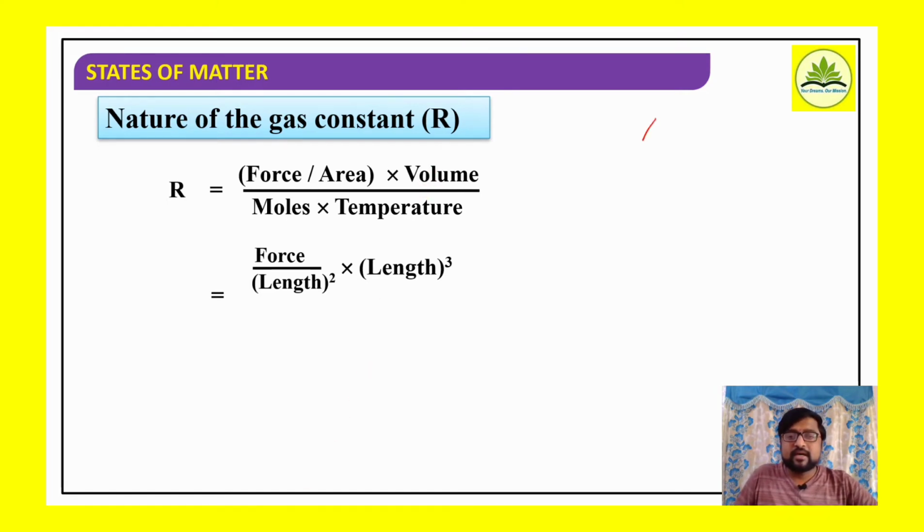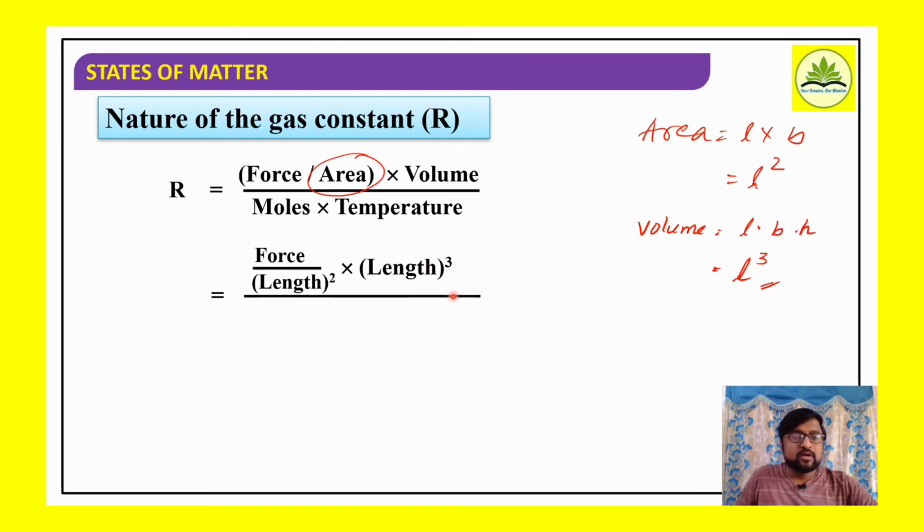So area is equal to length into breadth, therefore I can say length square. Similarly, volume is equal to length into breadth into height, therefore generally I will mention length cube gives the volume. So instead of area we write length square, and instead of volume we write length cube, divided by moles into temperature.